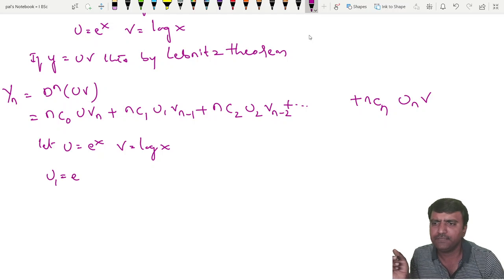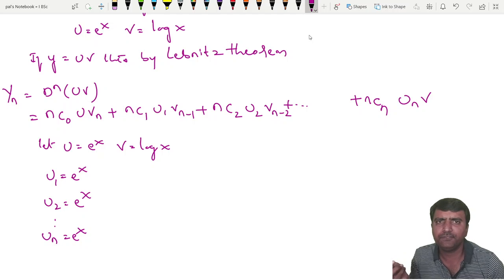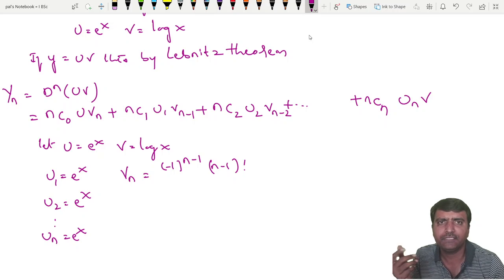u1 is equal to differentiation of e power x, e power x. What is u2? Differentiation of e power x, e power x. So again like that, u1 is e to the power of x only. If you know that formula directly, you can write it directly, no problem. What is vn? Nth differentiation of log ax plus b is minus 1 to the power n minus 1, n minus 1 factorial into a to the power of n, by ax plus b to the power n.